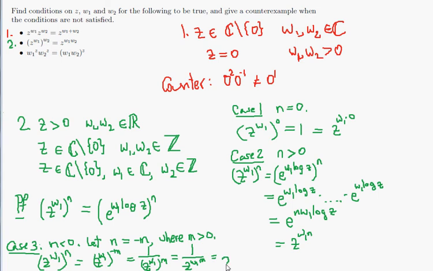By definition, that is z to the negative w1 to the m. And negative m, of course, is n, so z to the w1 to the n. And so that is the end of the proof.